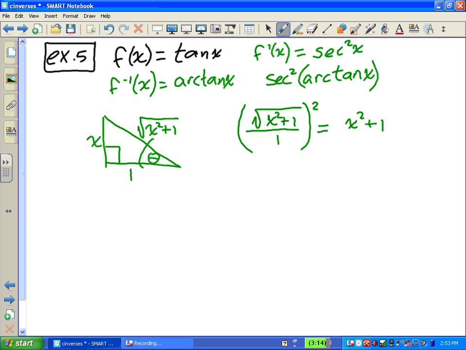So the derivative of arctan of x with respect to x equals 1 over x squared plus 1. And these are just four examples, but we used a general definition to find them, so we can use that to find the derivative of any inverse.